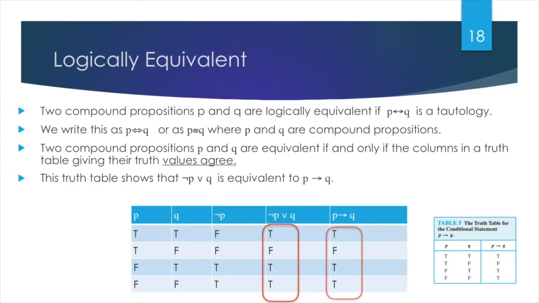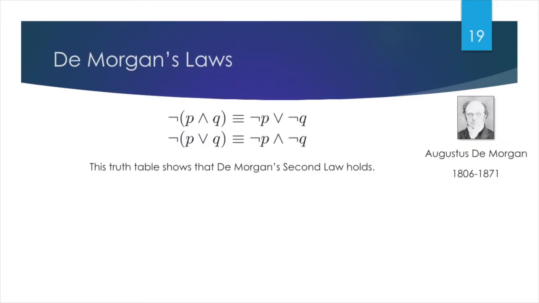So, as long as the values are matched between the two compound statements, we can simply say that not P or Q is logically equivalent to P, then Q. And this leads us to a famous logical law called De Morgan's law.